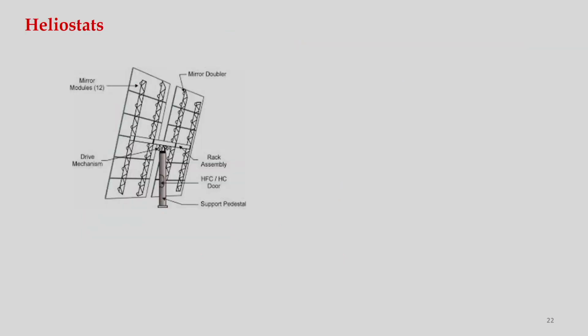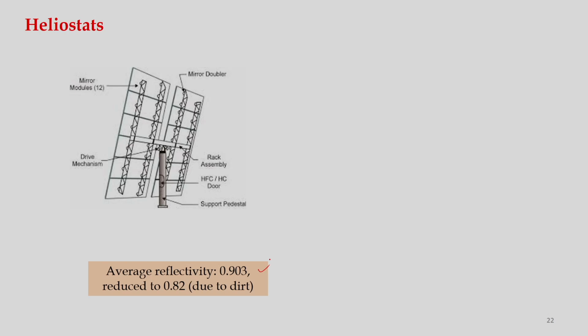If we talk about the particular heliostat, it carries a lot of mirrors. As you can see, there are many mirrors. About 12 modules of a particular size of mirrors are held by this structure, and this structure is known as a heliostat. Normally the reflectivity of this kind of heliostat is about 0.903, but due to the accumulation of dirt, this reflectivity reduces to 0.82.